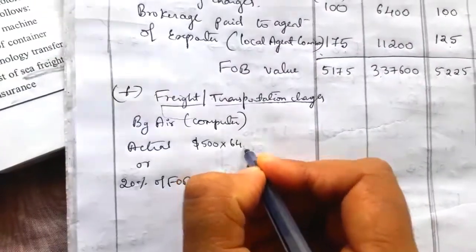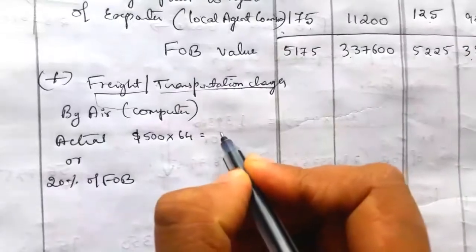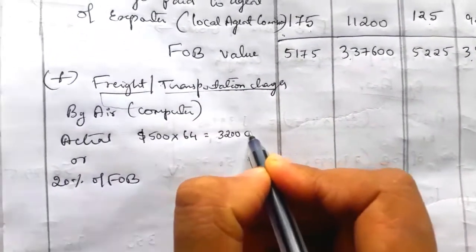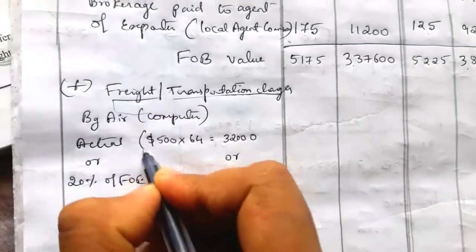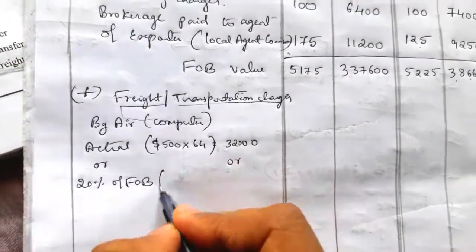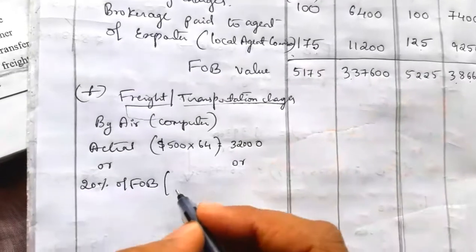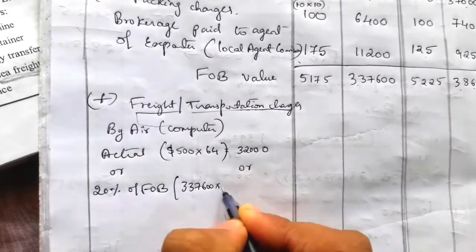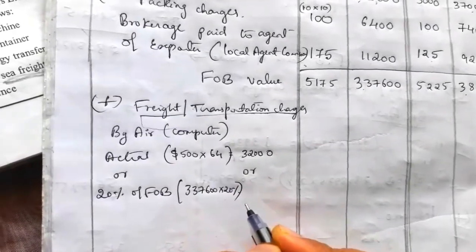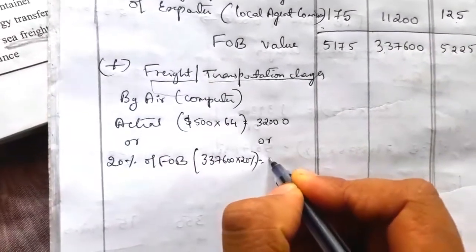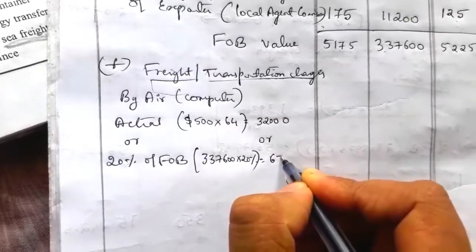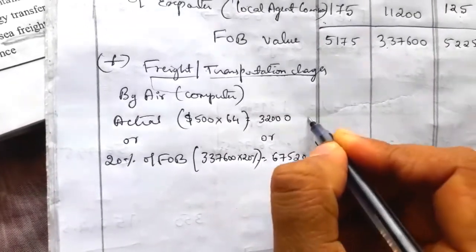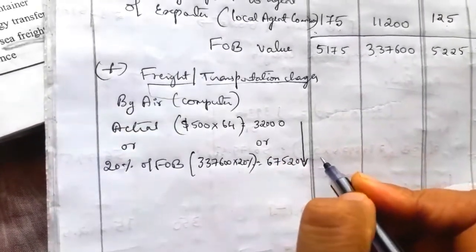If you take, how much you will get, so that is equal to 32,000, or 20% of FOB equal to how much, FOB how much, rupee value 3,37,600 into 20%, so that is equal to 67,520. So whichever is least we have to take.